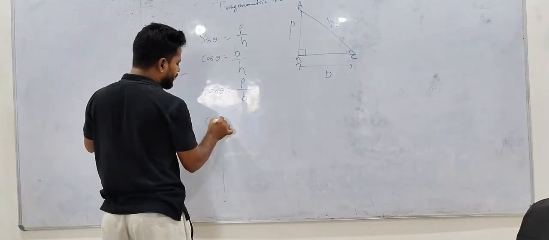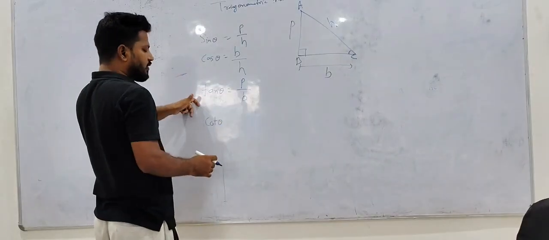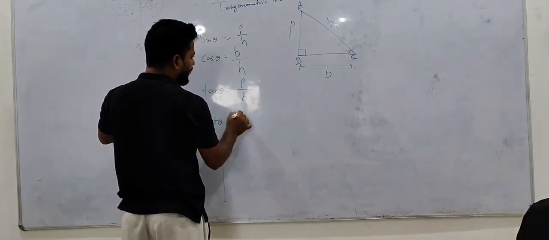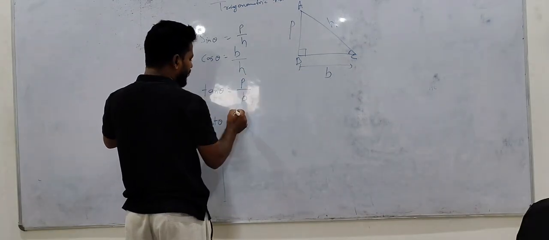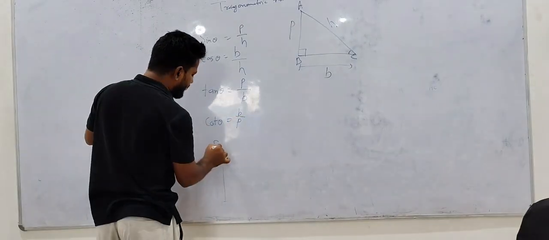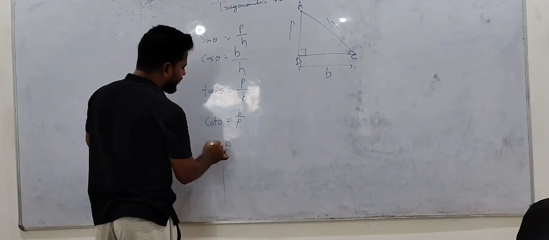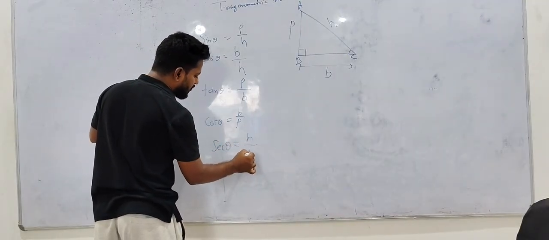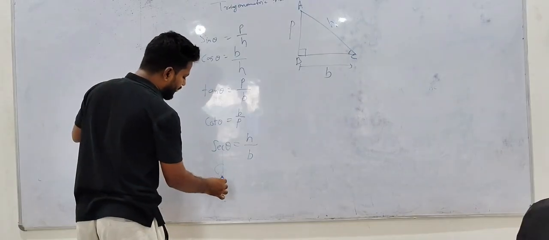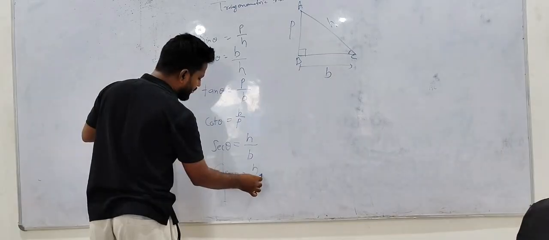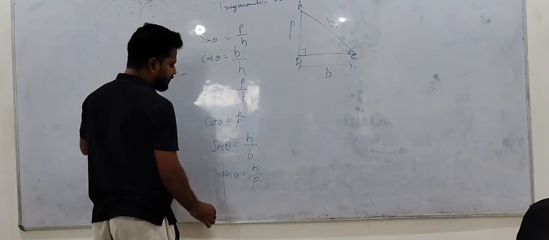Cot theta, directly you can inverse it, the reciprocal, or you can directly write it as base by perpendicular. Now sec theta is the ratio of hypotenuse and base, and cosec theta is the ratio of hypotenuse and perpendicular.